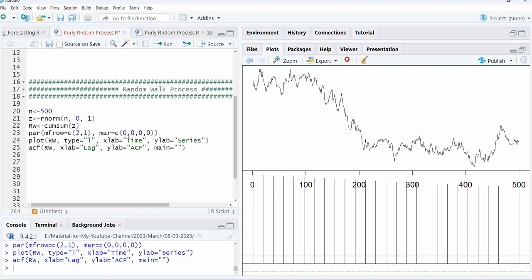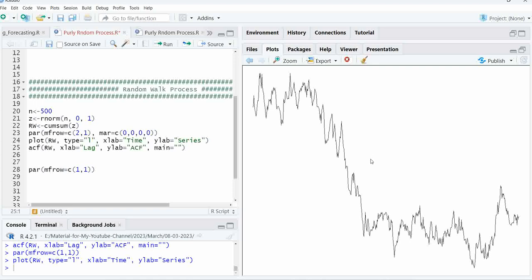You can plot these independently. I mean that you can plot both the original series and the autocorrelation function separately. Suppose I'm using this. I don't want to divide my screen into different parts. So you can see this is now the series, and you can see the series which is developed.